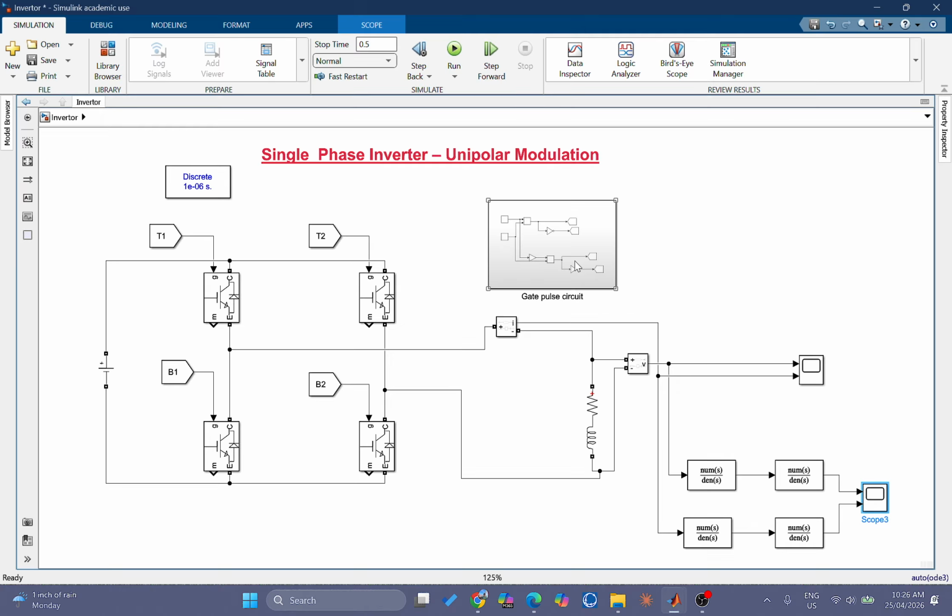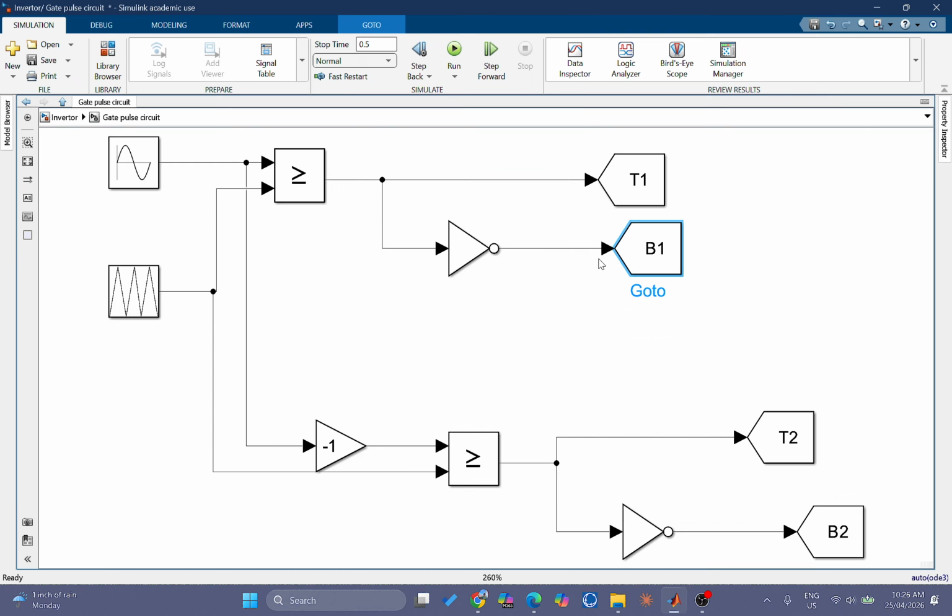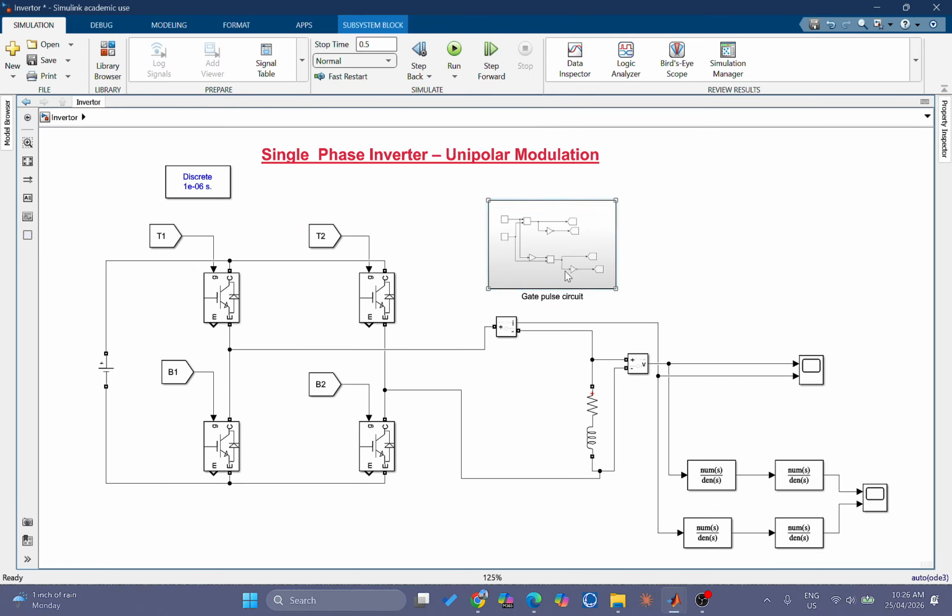Okay, and this subsystem is a gate pulse circuit. This gate pulse circuit has a sine wave, a repeating sequence, and operational comparators, and they are giving the PWM signals to these H-bridge transistors.